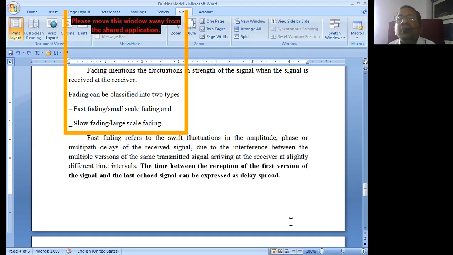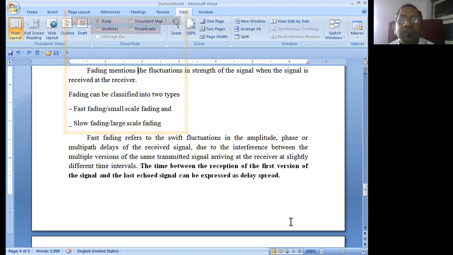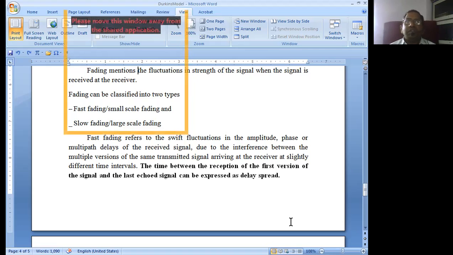Now, this fast fading can be found out by which method? The time between the reception of the first version of the signal and the last echoed signal can be expressed as the delay spread. The transmitter transmits only once, and the receiver receives the same signal many times.